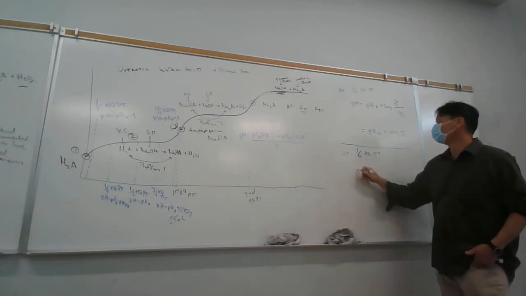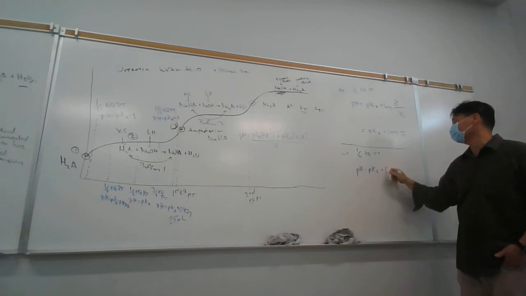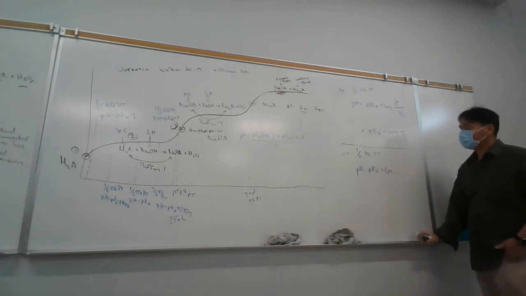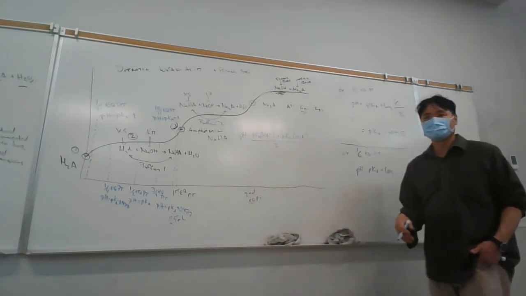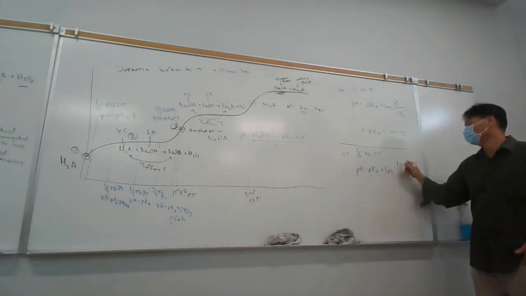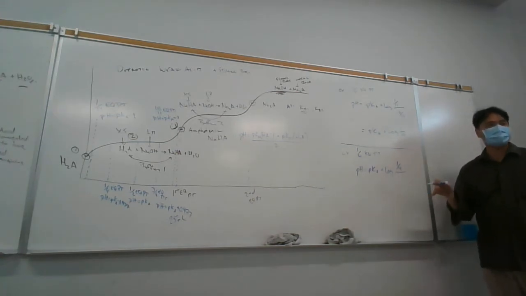Okay, the next example we're going to do is the 1/4 equivalence point. If I do the 1/4 equivalence point, the pH is equal to the pKa plus the log of base over acid. So how much of the acid do we convert into base at the 1/4 equivalence point? Well, we've converted 1/4 of the acid into base, and that leaves how much acid unreacted? 3/4.